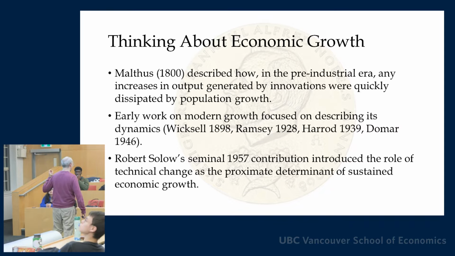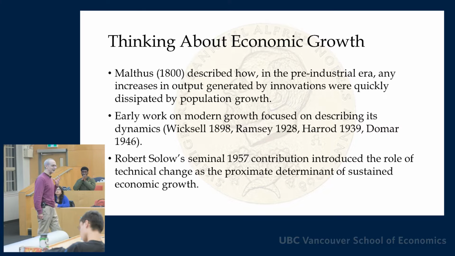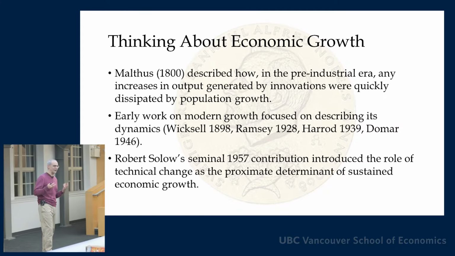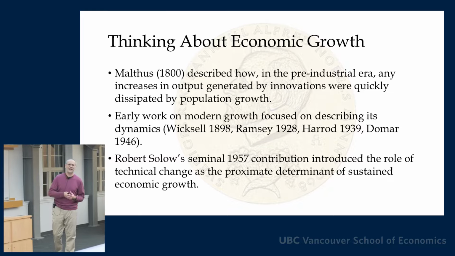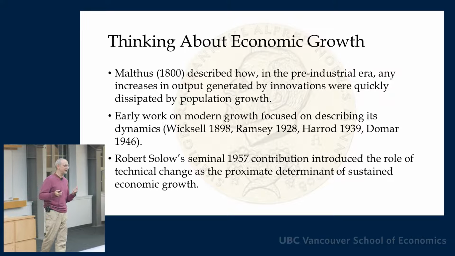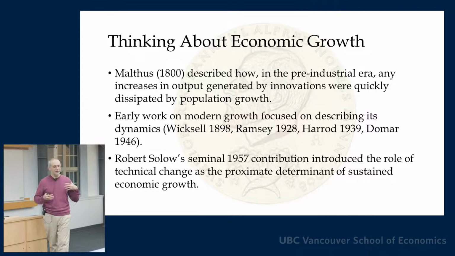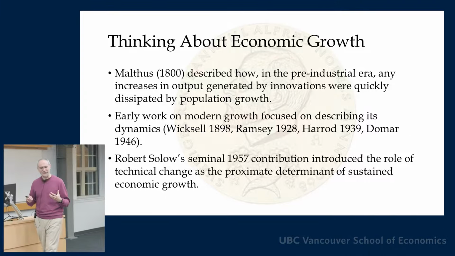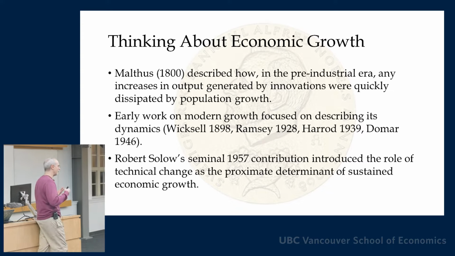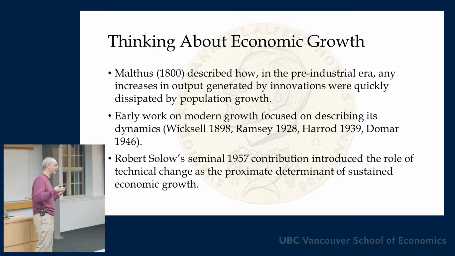Okay? In fact, as late as 1800, Thomas Malthus writes his famous treatise on population, where he paints an incredibly bleak picture of the fate of humanity. He says, the problem is, yes, we invent new things and we increase output, but whenever output increases a little, that means there's just more resources for people to eat and live longer.